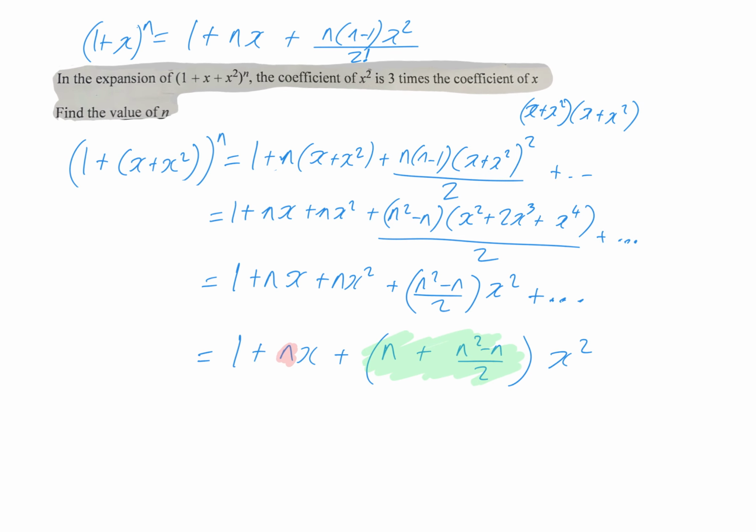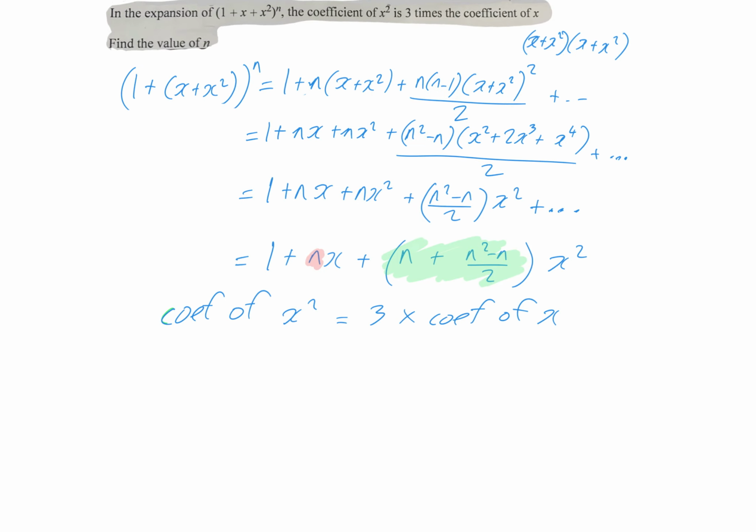We know the coefficient of x squared is 3 times the coefficient of x. I'm going to write that down in words in blue: coefficient of x squared is 3 times the coefficient of x.